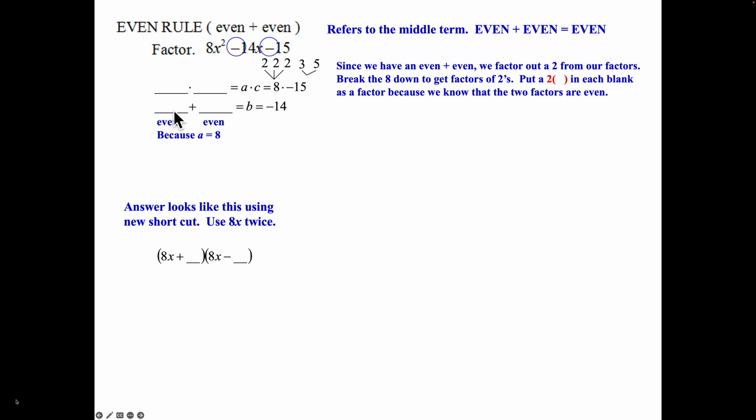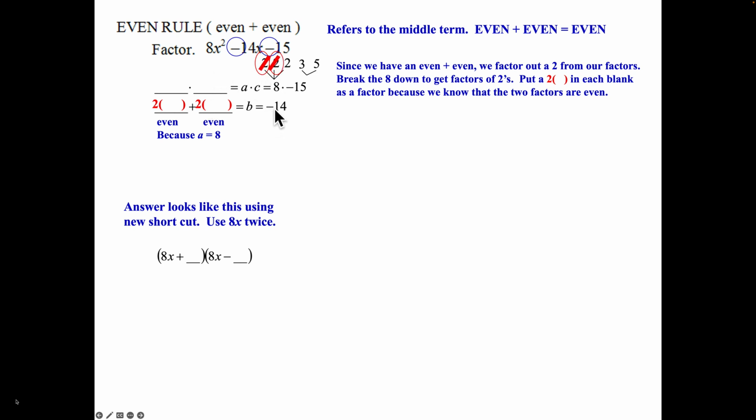Now, because these two numbers right here have to be even, I am going to put this red 2 in parentheses in each blank. It's an even number. It has to be divisible by 2. So what I'm doing is taking this 2 and making it part of this number, this 2 making it part of that number. They're gone.